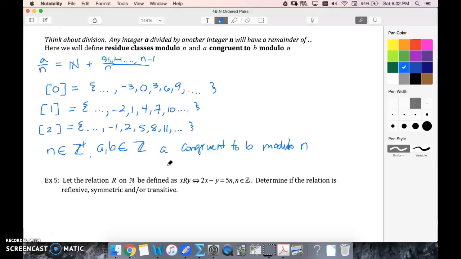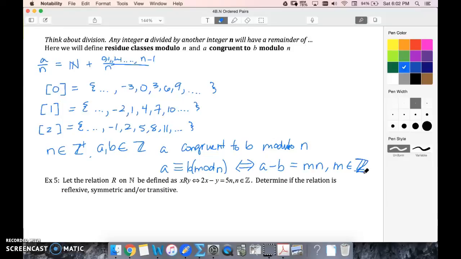Our notation for this is A, three lines, if we're going to say congruent to. It's the same as saying exactly equal to B mod n, if and only if A minus B is a multiple of n. So we could say mn, and m would also be an integer.